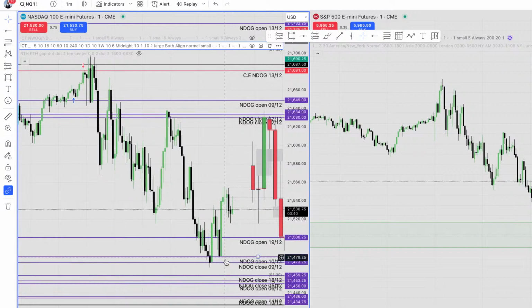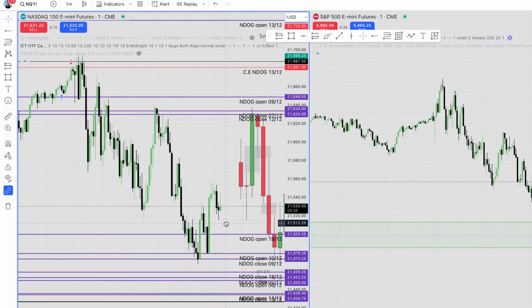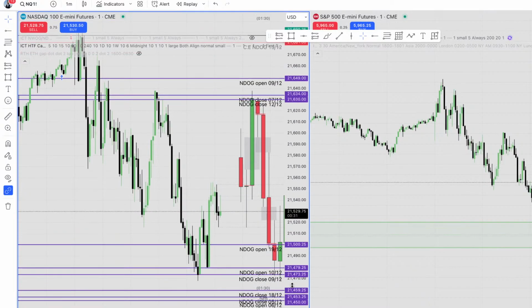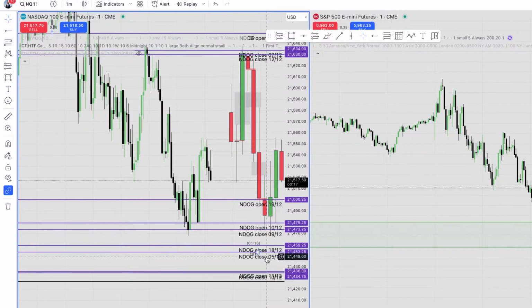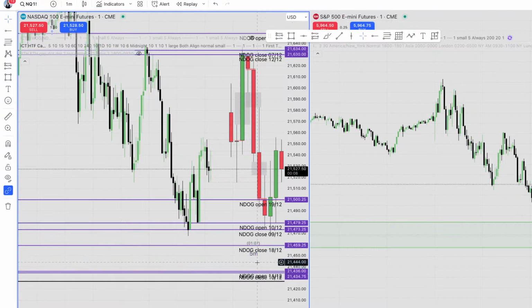So we're playing on top of these new day opening gaps and all of that. So this is the open of 19, this is the open of 10 and 9, this is 18, 5 and 6. Let me remove this. Yes.